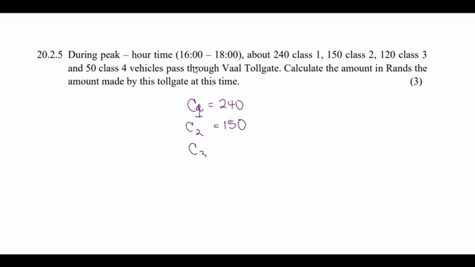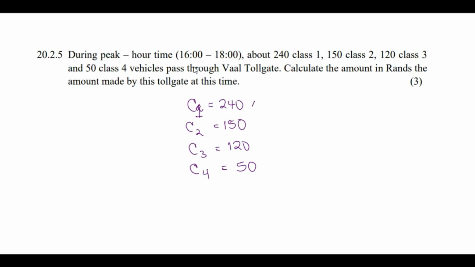In class 3, we have class 4. We have they pass through Val toll gates. Calculate the amount in rands. The amount made by this toll gate at this time.